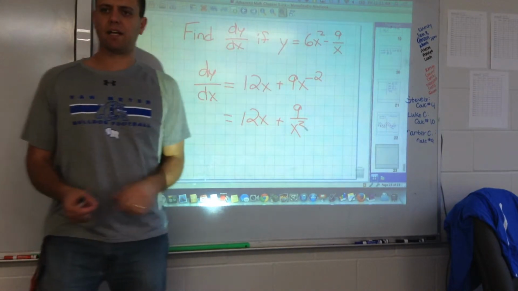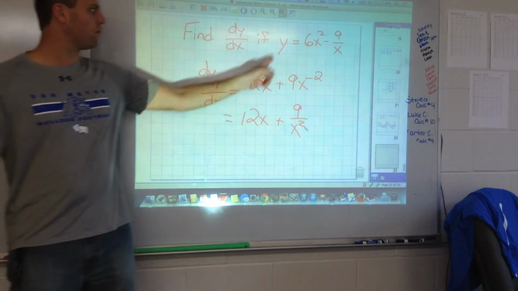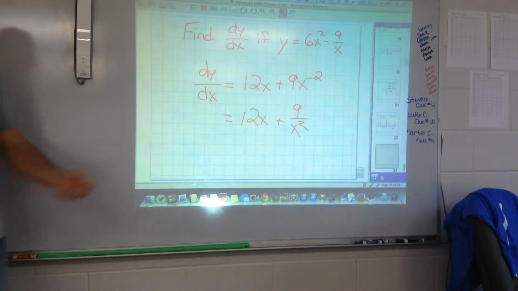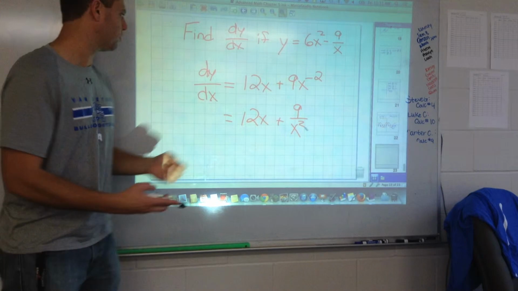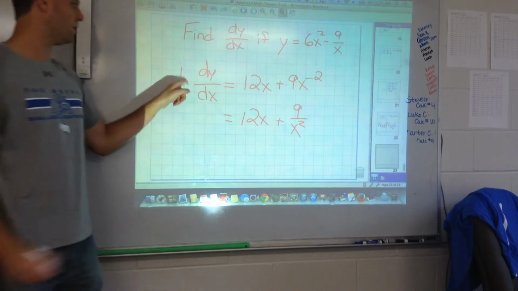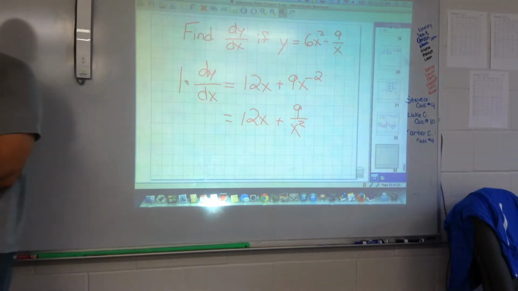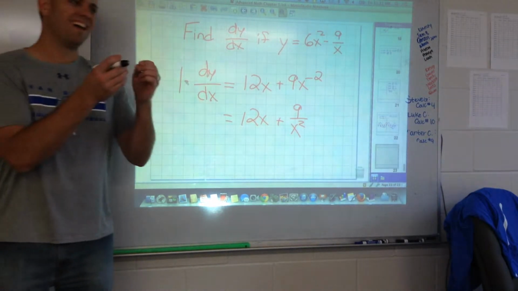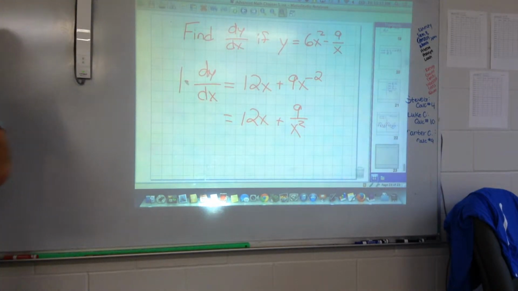Anytime the variable's not x, you need to just put in dy dx after you differentiate the variable that's not the one we're interested in. Okay? So when we differentiate y, well, the derivative of y would just be 1, but then you have 1 times dy dx, because we have to put that in there. This is just kind of a procedural thing. We put that in there because we differentiated a different variable other than the x that we normally differentiate with respect to.